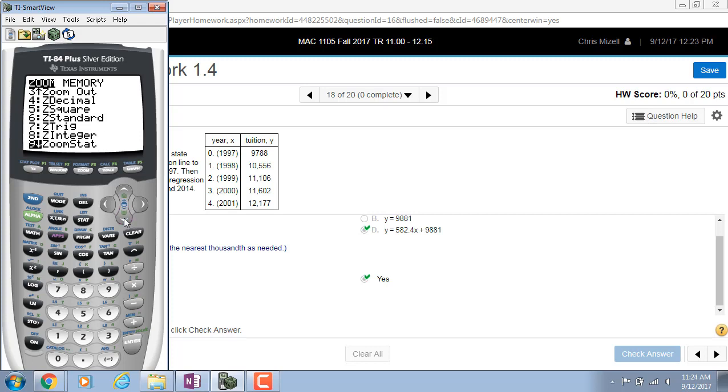Zoom 9, with the stat plot activated and numbers in the L1 and the L2 list, ZoomStat will automatically reset the x-min, x-max, y-min and y-max, so all 5 of these data points will appear on the screen. Now, if this is a good straight line, that straight line should come fairly close to going through all 5 of those points.